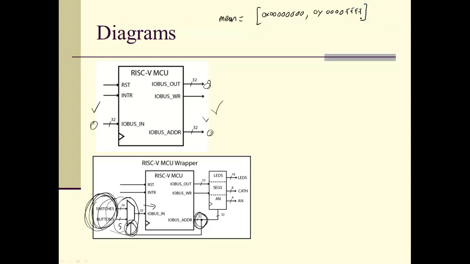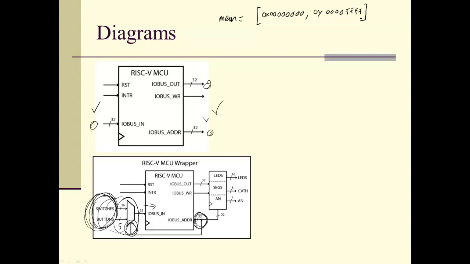That's the physical memory range for the RISC-V Otter. When I access those addresses, the memory is going to say, oh, they're doing a memory access, they're not doing I/O. Every other address besides this is going to be dedicated to I/O.